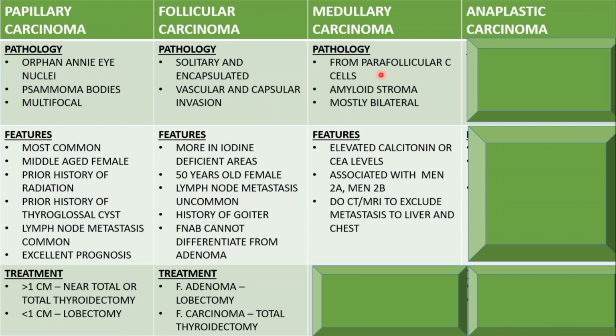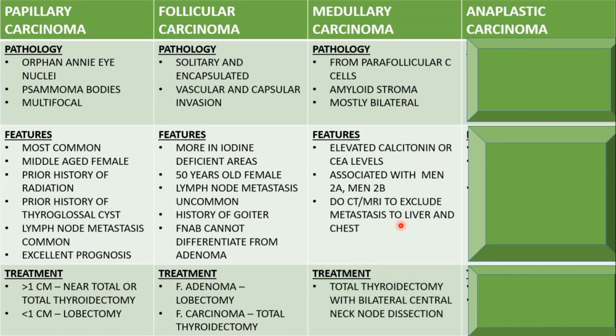Medullary carcinoma is mostly associated with MEN syndrome, that is multiple endocrine neoplasia 2A or 2B, which also includes some other cancers like pituitary, parathyroid or pancreatic cancers. Due to this, we always do a CT or MRI so that we can exclude metastasis to liver and chest and also find if there are any other cancers.